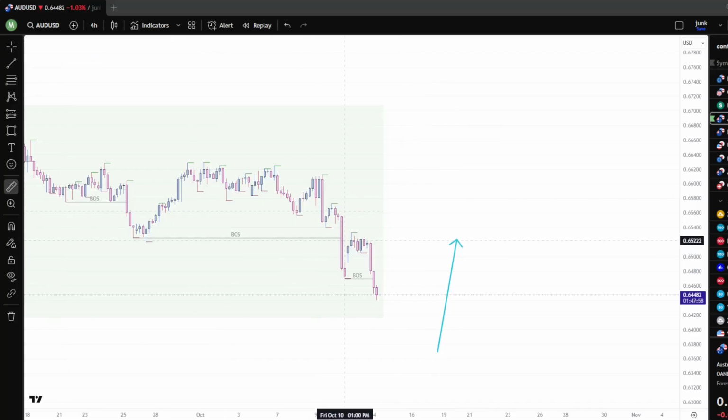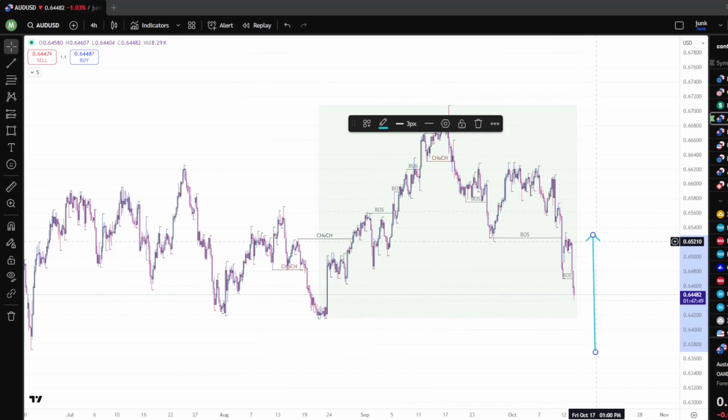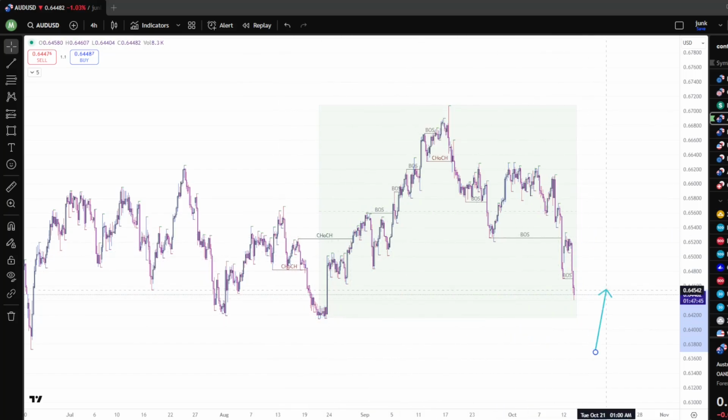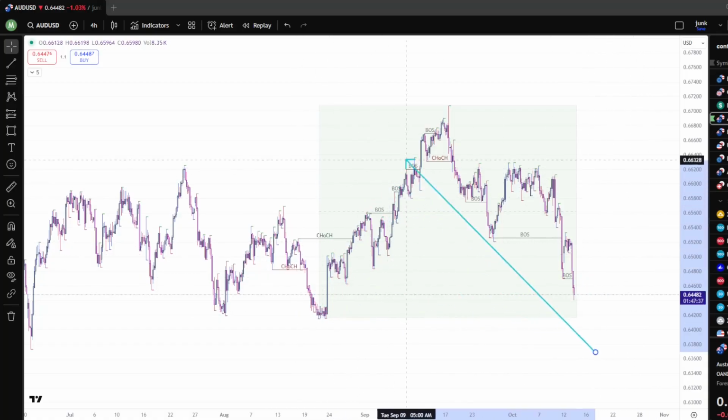Continues to push out every time buyers step back in, and continues to break structure to the downside, as you can see. So internally still bearish, and just like with GBP USD, watch out for these areas of support as price continues to drive towards it, which means buyers could step back in at that same area just like they did last time.